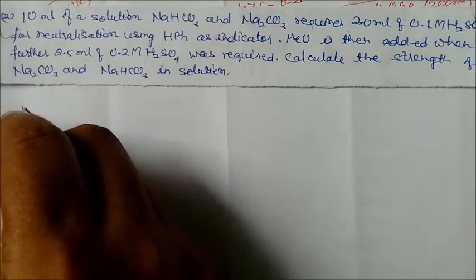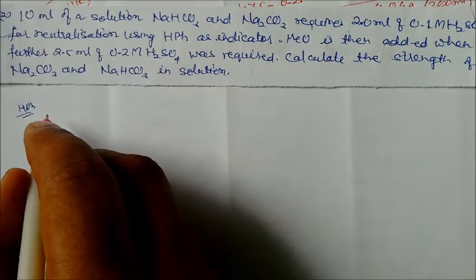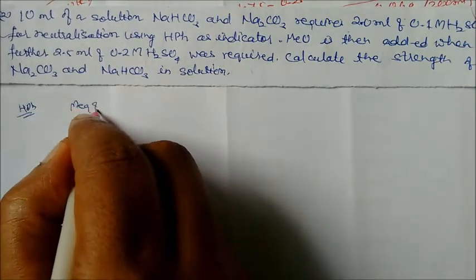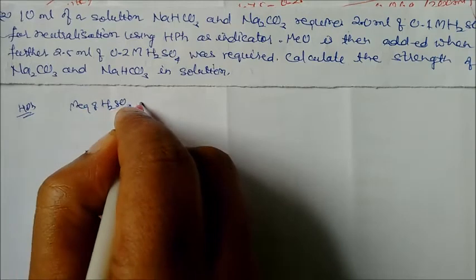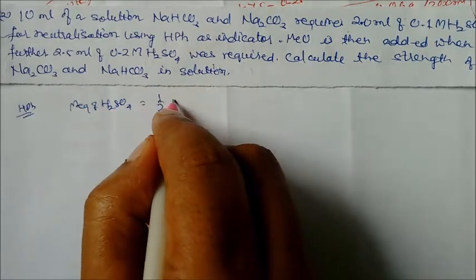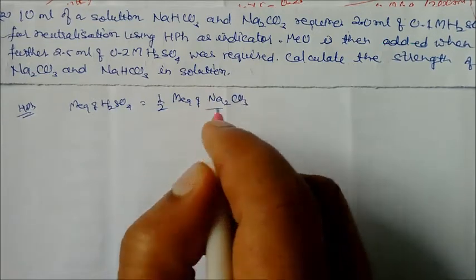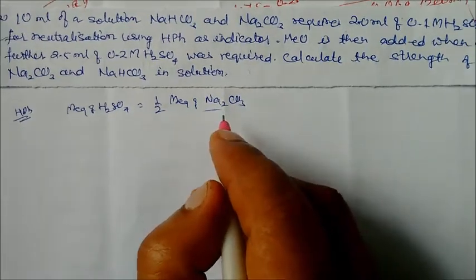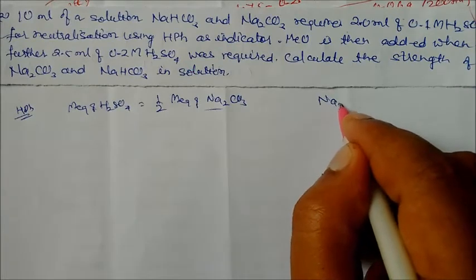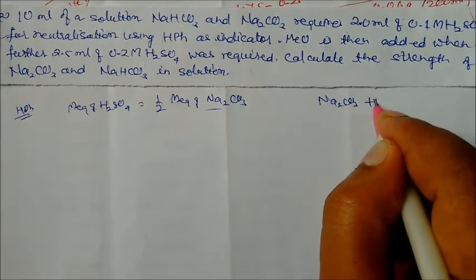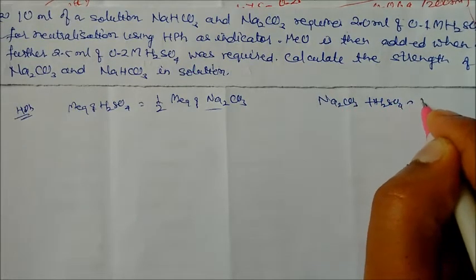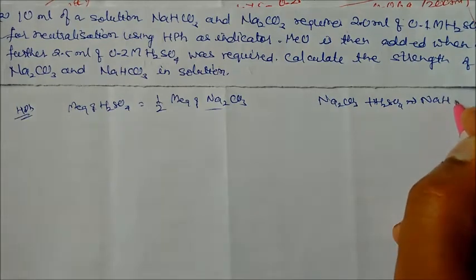So again, first we have phenolphthalein as an indicator. So we can write milliequivalent of H2SO4 is equal to half of milliequivalent of Na2CO3. Why half? Because Na2CO3 in the presence of H2SO4 will convert in the first step reaction to sodium bicarbonate.